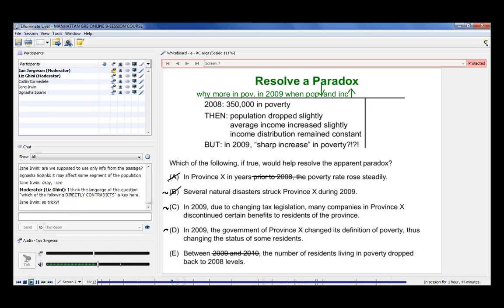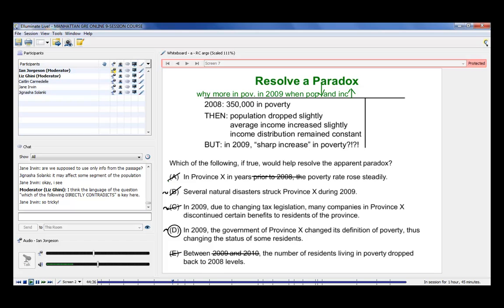And I kind of gave it away because answer choice B is really similar to answer choice C as well in the end, right? Unless they came along and actually told us that the discontinued benefits led to poverty, then we've got a problem with this answer. It doesn't really help us.